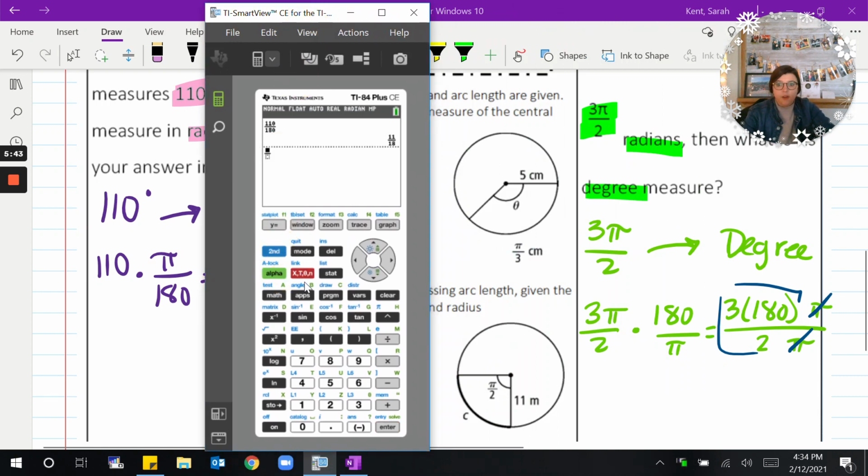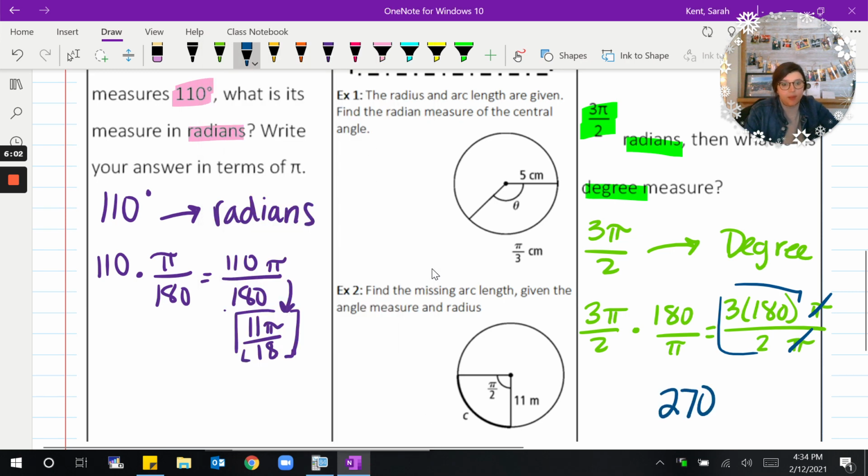I can get another fraction, and I can type in 3 times 180, and on bottom I can put 2. When I press enter, my answer is 270 degrees. And that's all you have to do, is multiply. If you have degrees, you multiply by pi over 180. If you have radians, you multiply by 180 over pi.